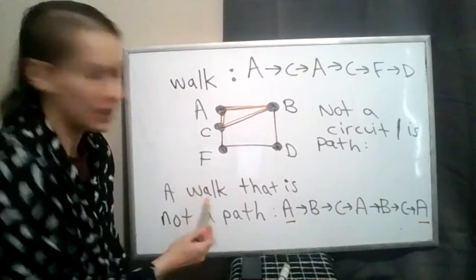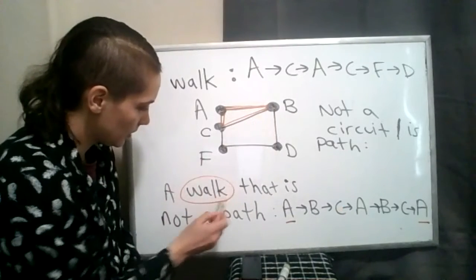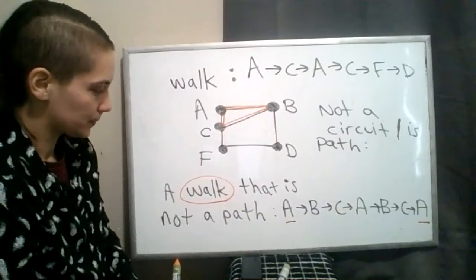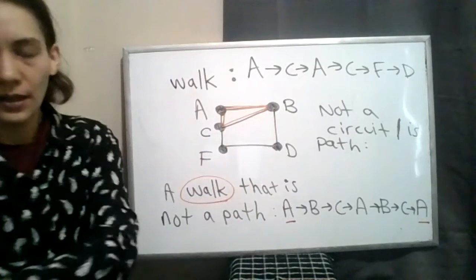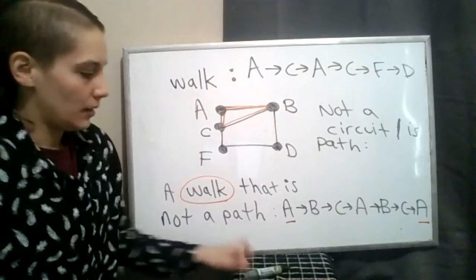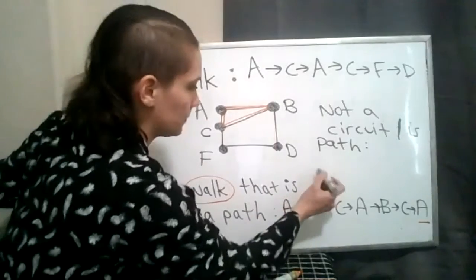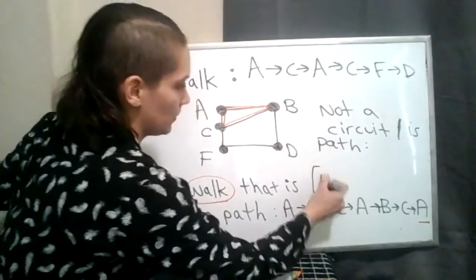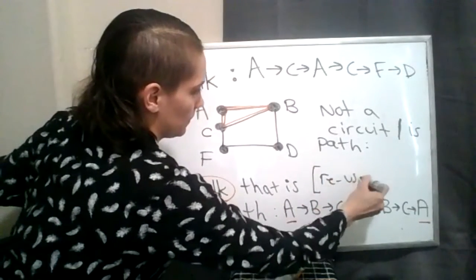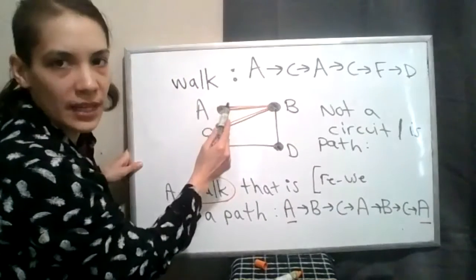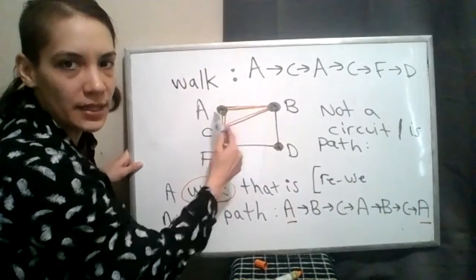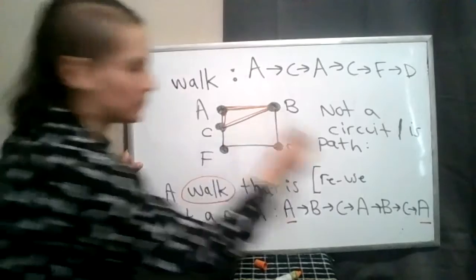So you have to say it is a walk. I'm going to just pick one of the edges that we did repeat, edge AB.